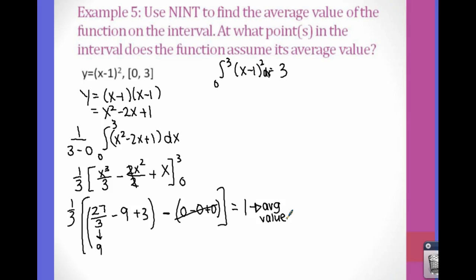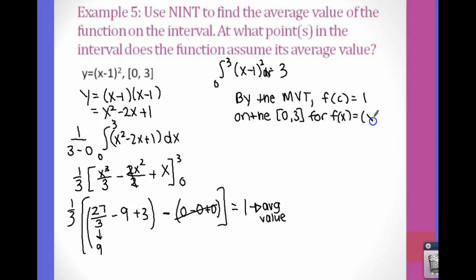So the question says, by the mean value theorem, f of c must equal 1 on the closed interval 0 to 3 for f of x equals x minus 1 squared.